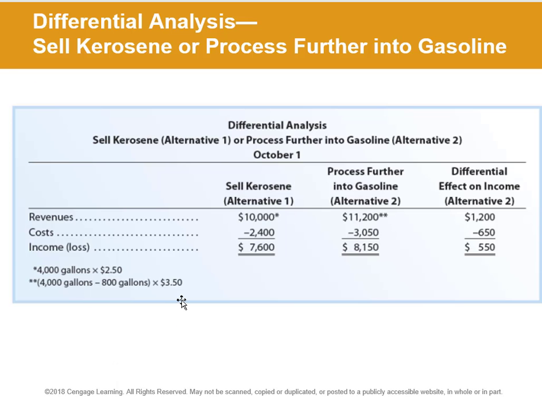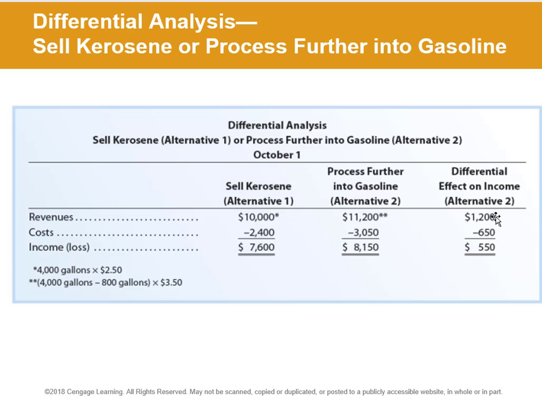So here is the kerosene. We could sell it, 4,000 gallons at $2.50 a gallon, so that's $10,000. If we process it further, we get 3,200 gallons times $3.50 a gallon, or $11,200. So the differential effect on income is $1,200.